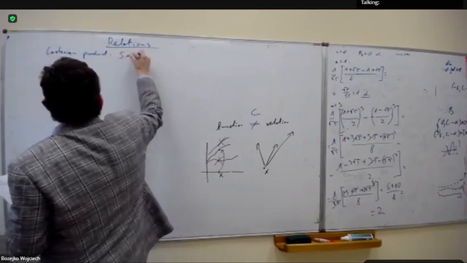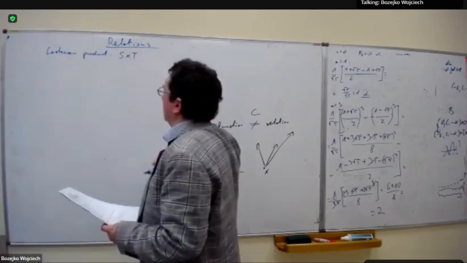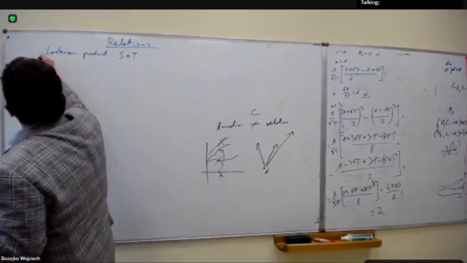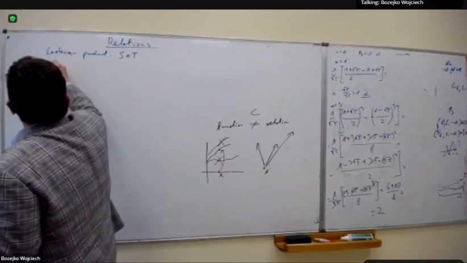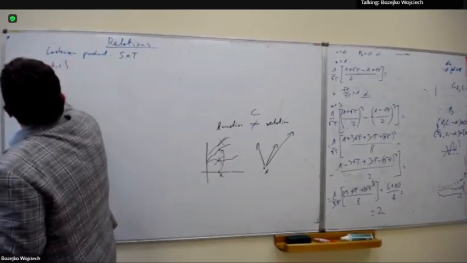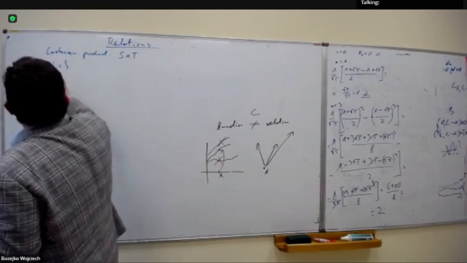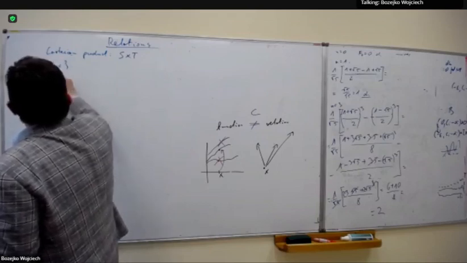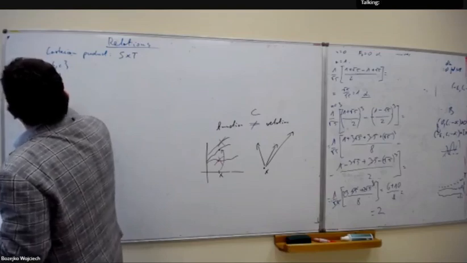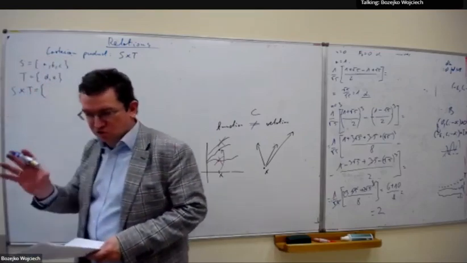Let it be S times T. What does it mean? If we have a set S, let it be A, B, C, and a set T, D, E, then the Cartesian product is a set of pairs.